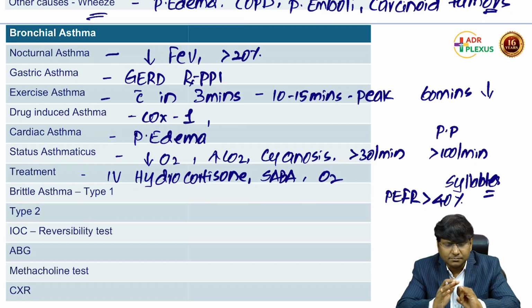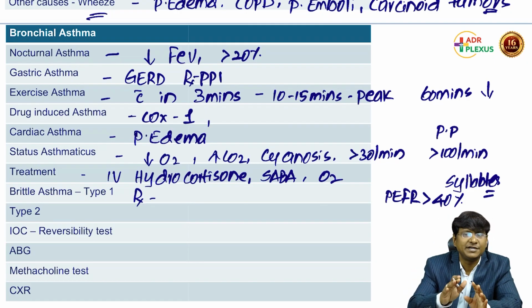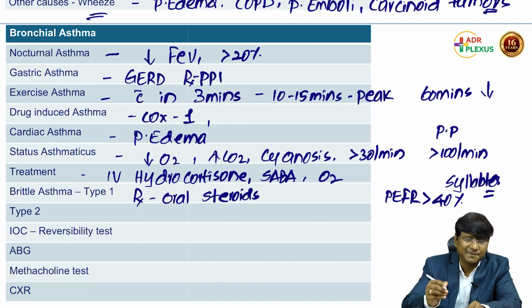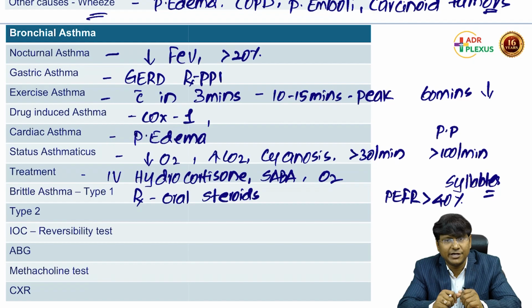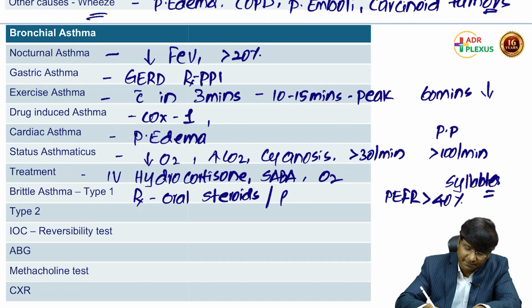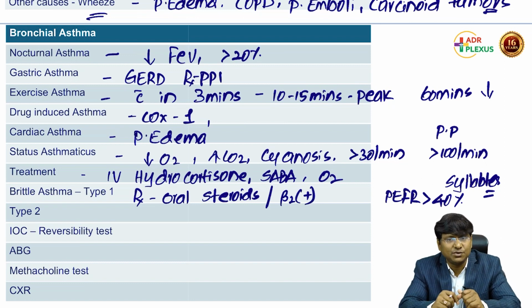Type 1 is that there is a persistent pattern of variability, and in type 1 these patients may require oral corticosteroids, right? Or you need to give continuous infusion of the beta-2 agonist.